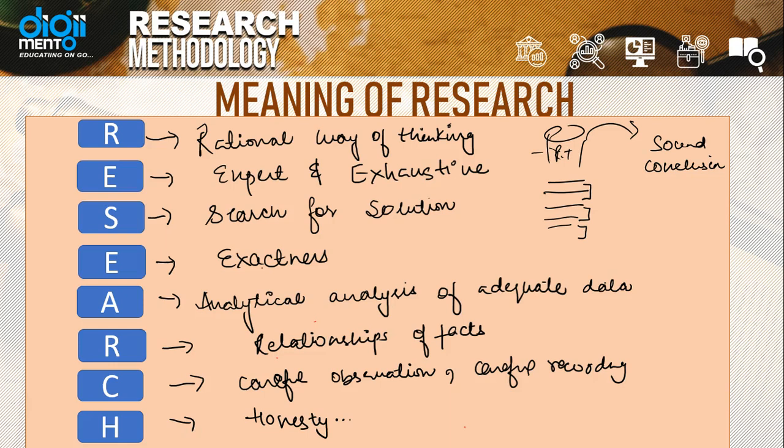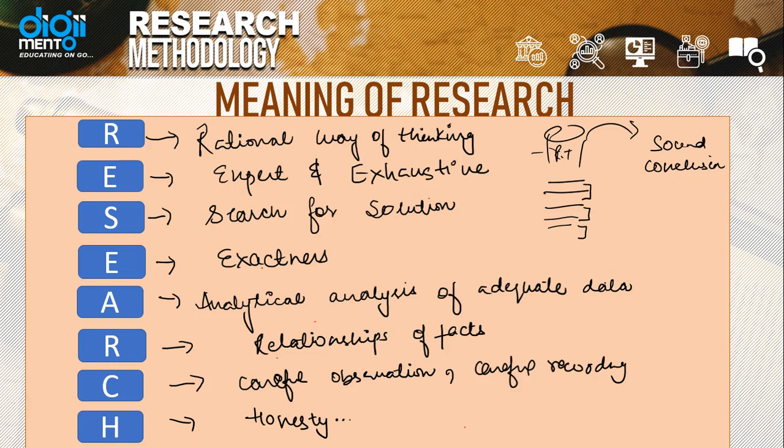And the next one is H. This is honesty. Honesty should be there in any kind of research. Now if we talk in very simple words, what is research? Basically, research is a scientific and systematic search for appropriate information on a specific topic you choose.